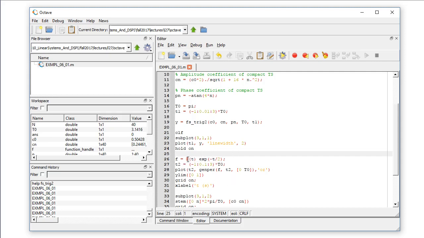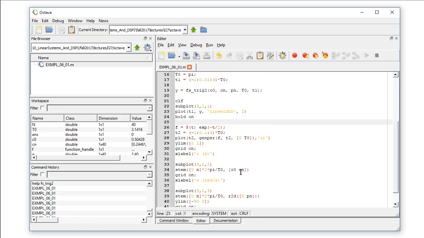So this is the mathematical representation of the original function, and I use the generate periodic or genper function to create a periodic extension of this base function with the T0 period here being pi, so the base function is defined from 0 to pi, and plot that actually just using circles on the same graph to overlap.